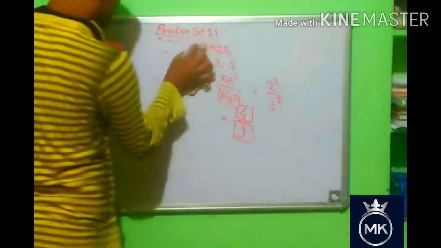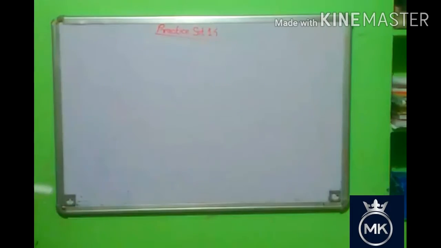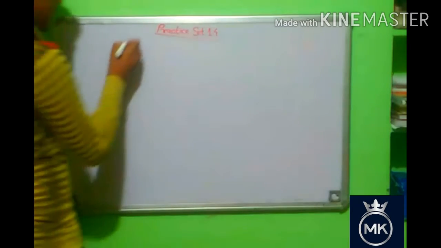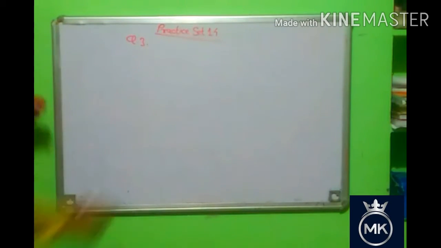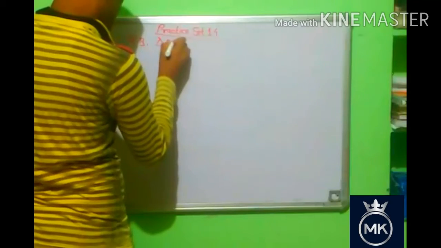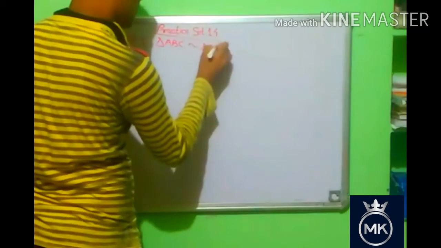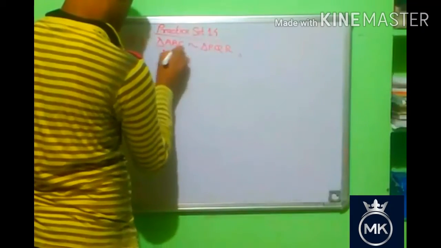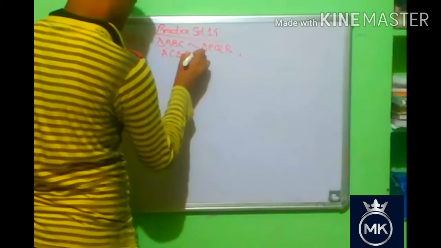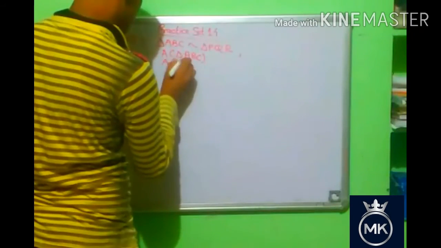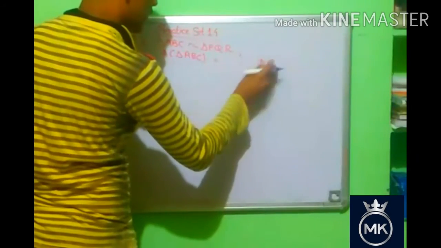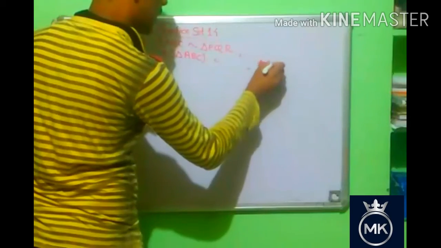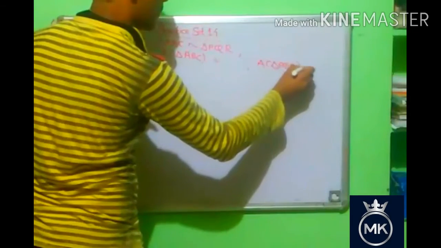Then friends, in question number 3 also, we are given an activity with boxes which we have to fill. Triangle ABC is similar to triangle PQR, and we are given the areas of both triangles: the area of triangle ABC and the area of triangle PQR.